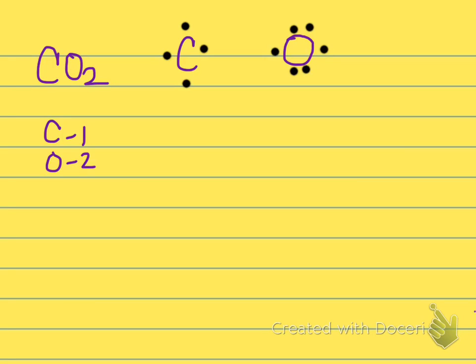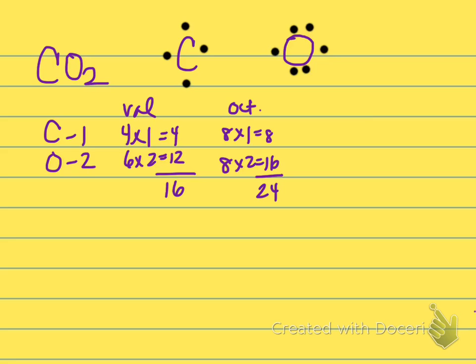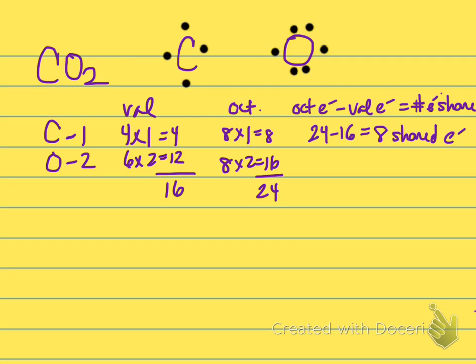Then I'm going to figure out the number of valence electrons. So coming into it, this CO2 has got 16 valence electrons. Now, if I look at how many electrons CO2 needs to be satisfied, that gives me 24. So taking the number of octet electrons, what it requires to be satisfied, and subtracting the number of valence electrons will show me how many electrons are going to be shared.